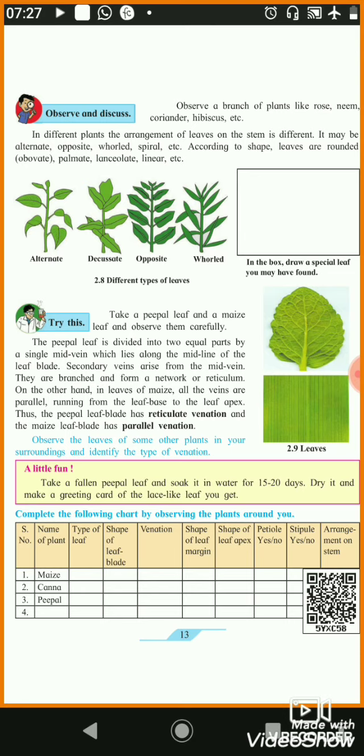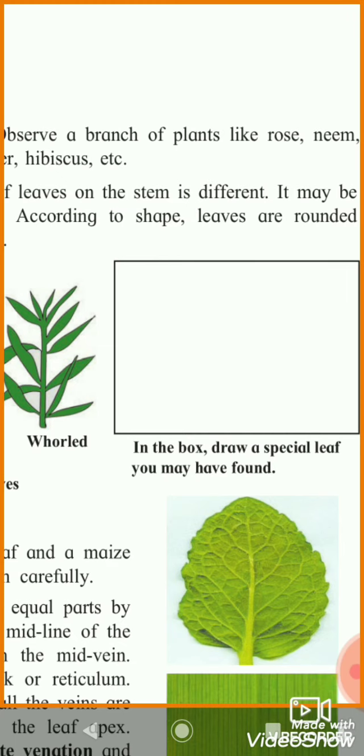In the box, you have to draw a special leaf that you can see in your surroundings.